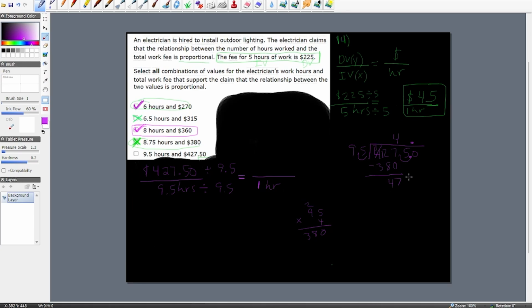Let's bring down this next number. Well, we already found that 95 times 4 is 380. So let's see what 95 times 5 is to see if it fits into 475. 5 times 9 is 45, plus 2 is 47.